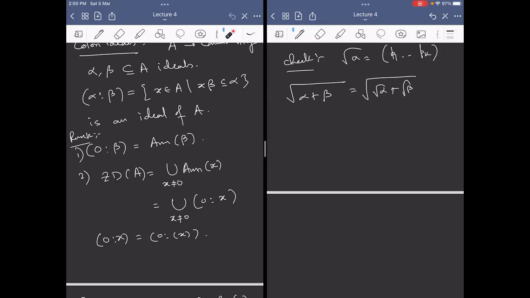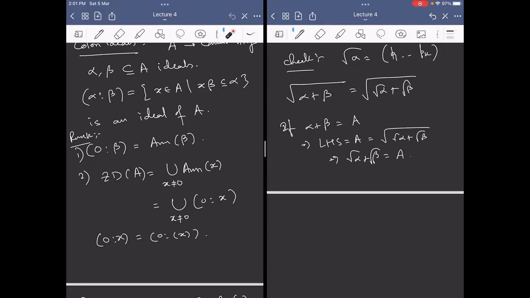Now let's examine what happens if alpha plus beta is 1. Then the left hand side becomes A, and therefore the right hand side becomes A as well. We had that result that the radical of an ideal is the whole ring if and only if the ideal is the whole ring.